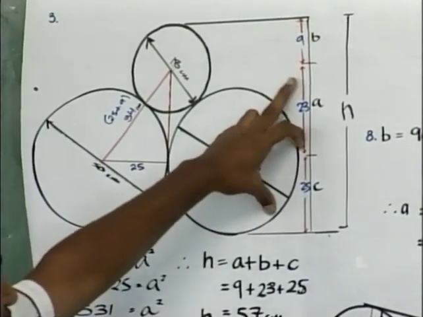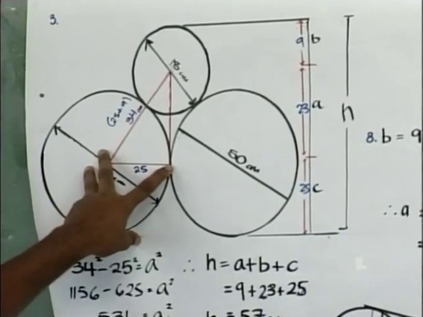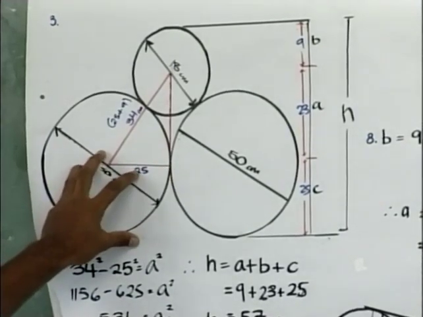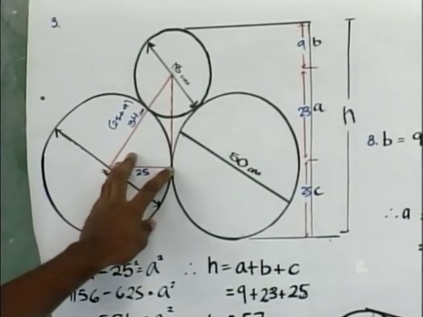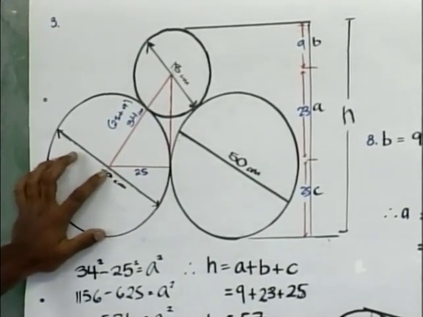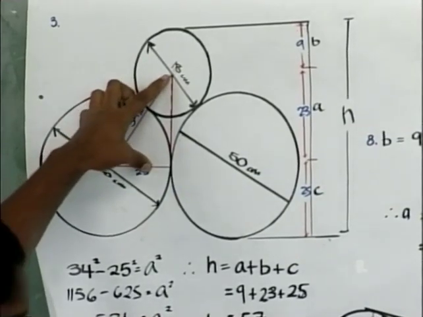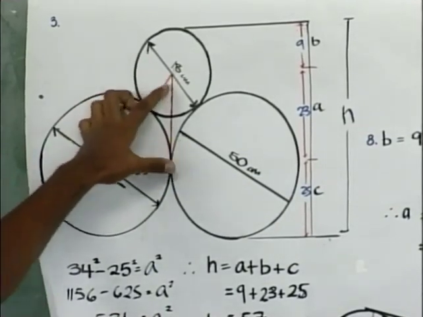So that leaves A, and to find A, we drew a triangle coming through the line of tangents here, to the center of one of the large circles, to the center of the smaller circle.